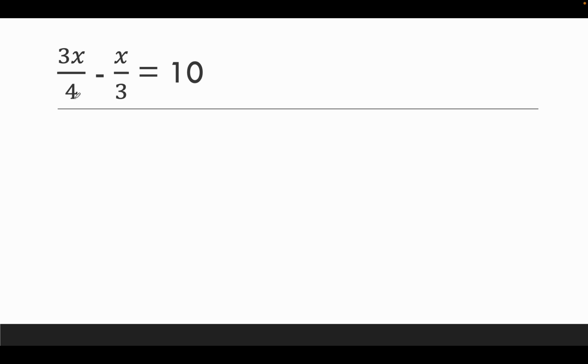Let's go ahead and start with that. The common denominator here is 12, so I'm going to take the whole thing and multiply by 12. 12 times 3 equals 36.